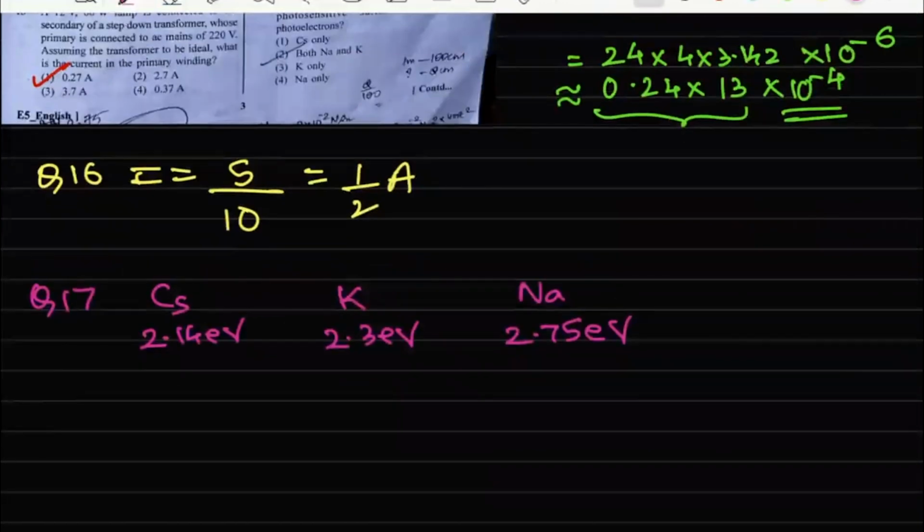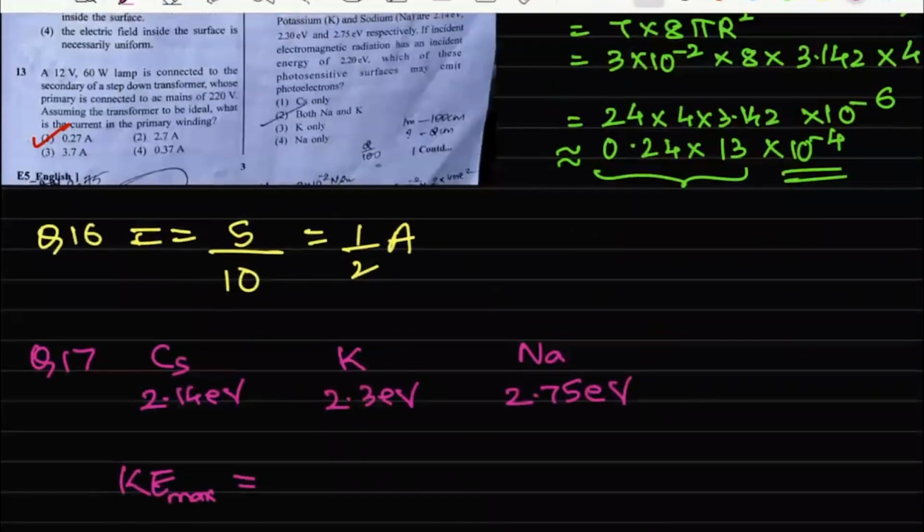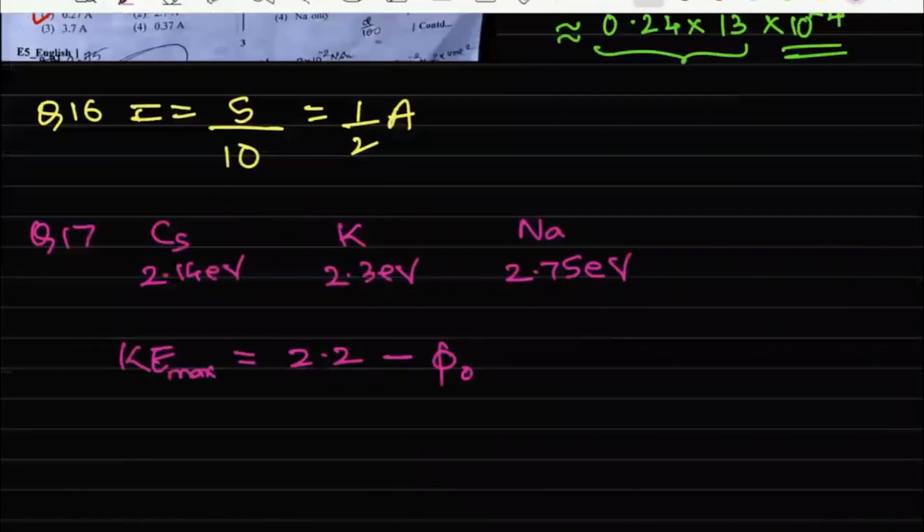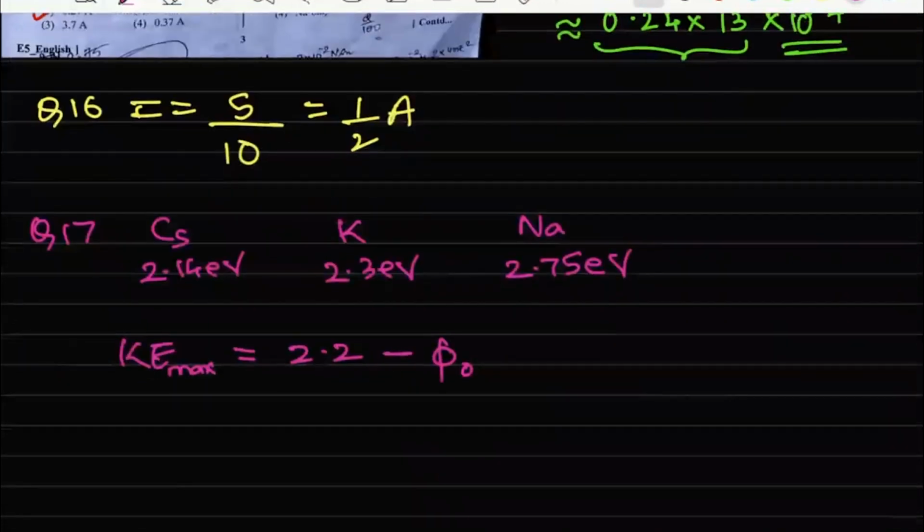Oh, this is very simple. So if you want KE, kinetic energy, it should be your incident energy, which is 2.2, minus phi naught. Now, any one of these or multiple of these we could take. But if I take any number more than 2.2, I'm going to get a negative kinetic energy, or basically I'm not going to get any photoelectric effect or photo emission. So basically my number here, phi naught, should be less than 2.2.